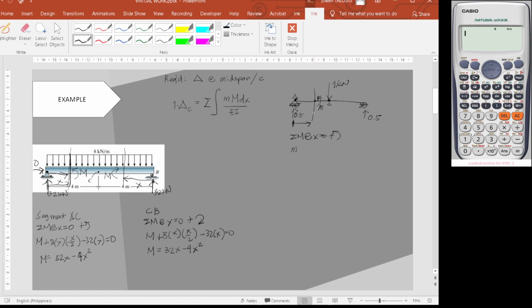We have m minus 0.5 times x is equal to 0. Our m here is equal to 0.5x.